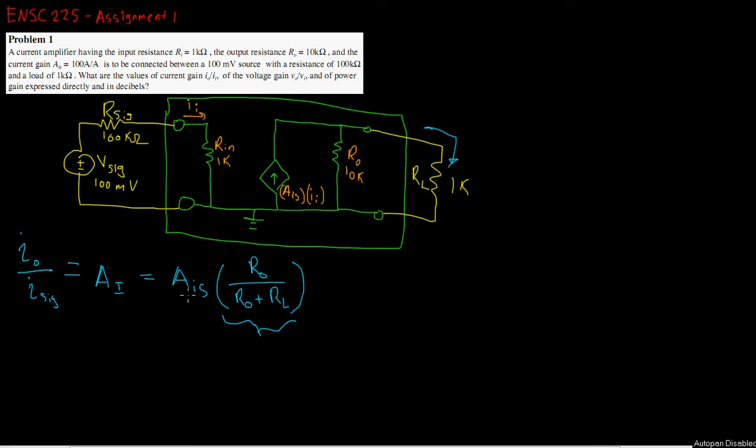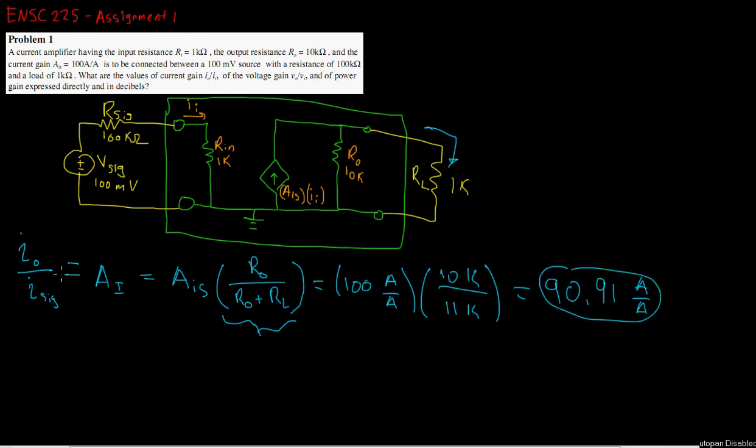And then you can multiply that by A_IS, and that'll give you A_I. And so then you just plug in the numbers, and you get 100 amps per amp times 10K over 11K, because 10K plus 1K. And so if you crunch the numbers, that'll give you 90.91 amps per amp.